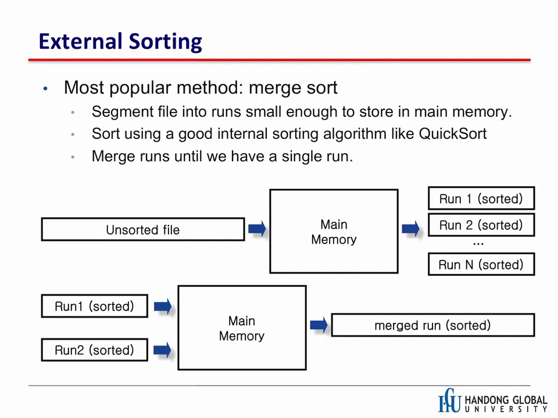Now let's talk about external sorting algorithms. Basically, we're going to use internal sorting in the middle of these external sorting algorithms. The most popular method for external sorting is merge sort. Merge sort is actually an internal sorting algorithm, so we could merge all the lists in the main memory, but we can also use it on files on disk.